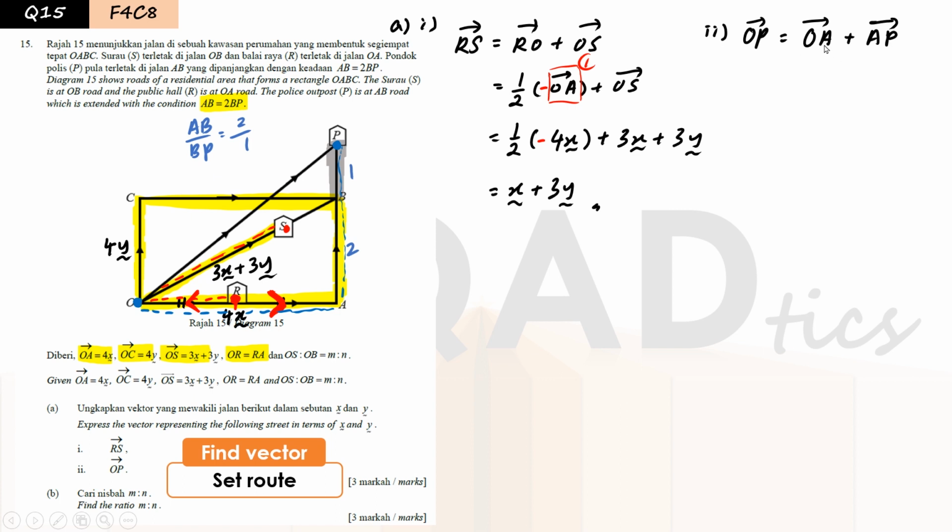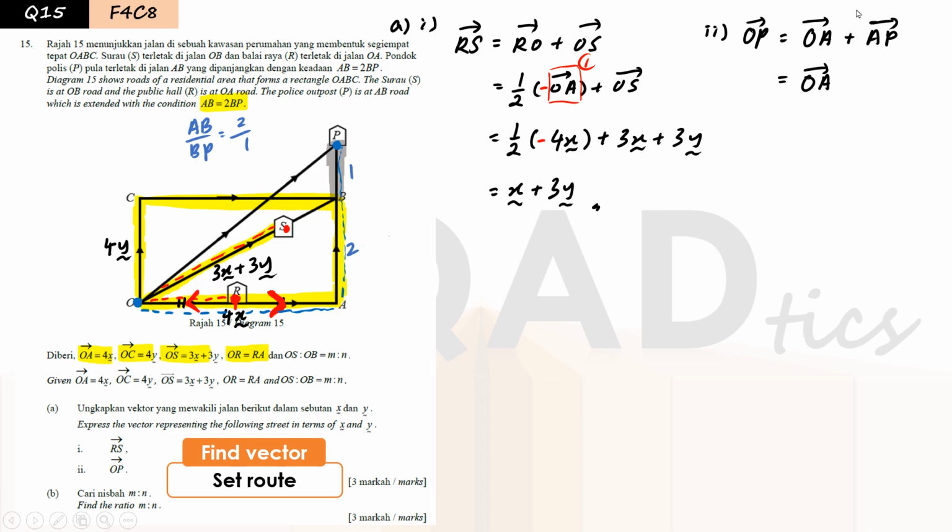To find the vector of OA, we already found it, which is 4x. But wait, let's see AP, is it given already? The answer is no, because this part, again, is gray color. So OA, I'm going to remain as OA first, and let's figure out AP.